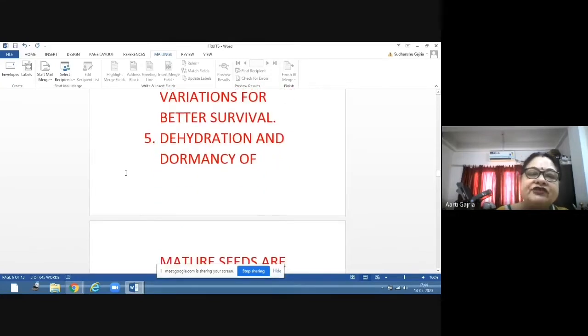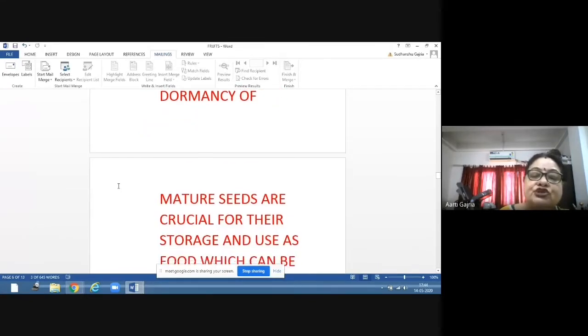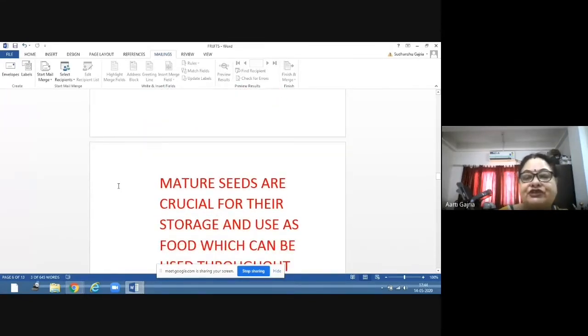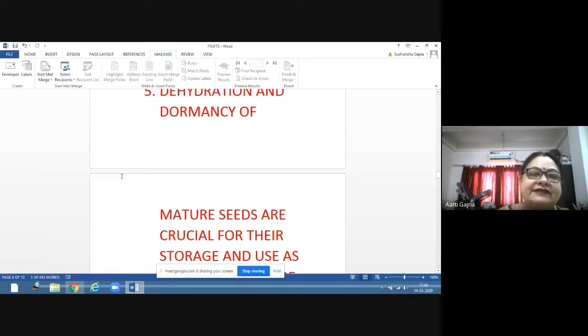Now, dehydration and dormancy. As I told you, the seed dehydrates and only 10 to 15% of the moisture remains with it. The rest dries up. So this dehydration and dormancy of mature seeds are crucial for their storage and use as food. The food we are having, the grains, the cereals, the pulses, they all are seeds.